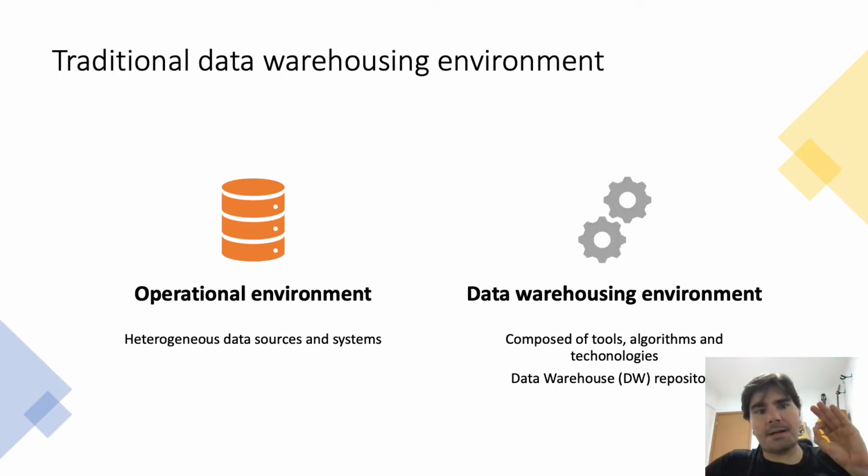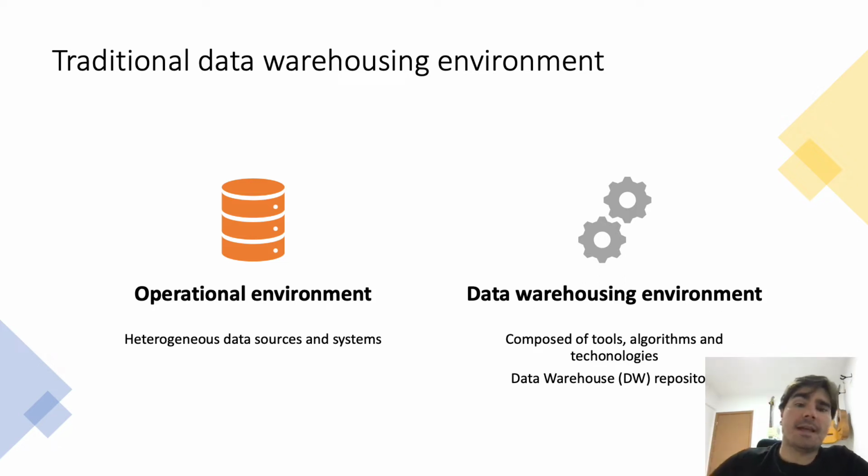Firstly, I will talk about the two main components that compose the whole data warehouse environment. The first one is called the operational environment, which is composed of heterogeneous data sources and systems. This environment is also composed of a group of users that perform insert operations into these heterogeneous data sources.